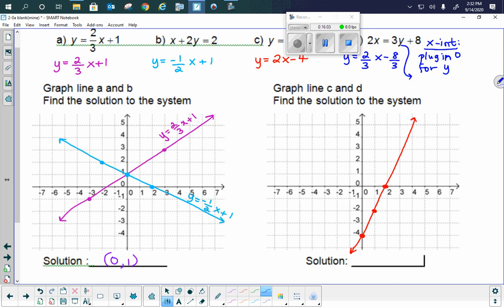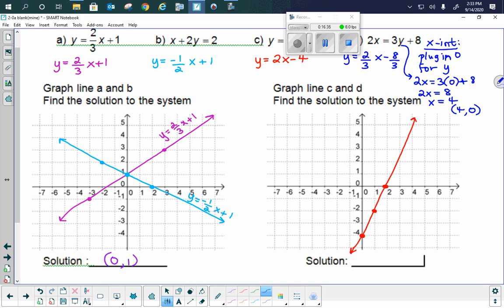So from the original equation, you'd have 2x equals 3 times 0 plus 8. Which would be, 3 times 0 is 0. So we're really just looking at 2x equals 8 and x equals 4. All right, so if I plugged in 0 for y and I got 4 for x, that means the ordered pair would be 4 for the x, comma 0 for the y. That looks a lot easier to graph than (0, -8/3) to me.